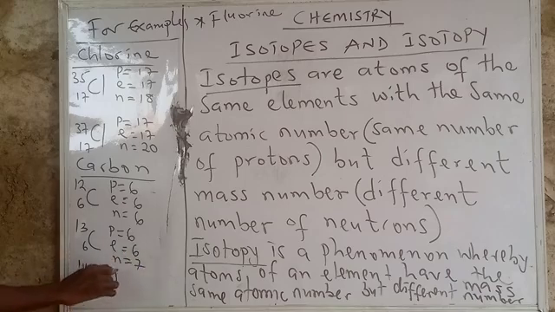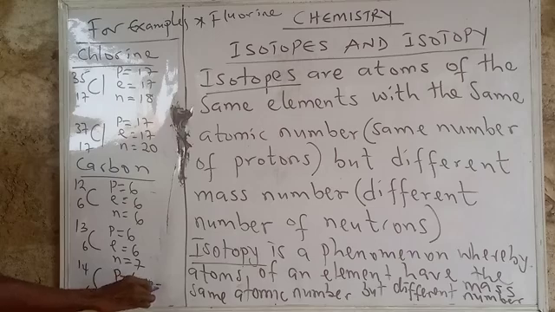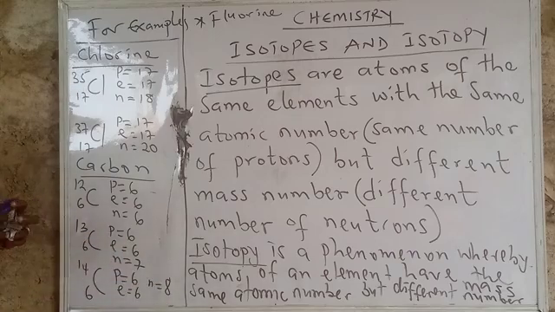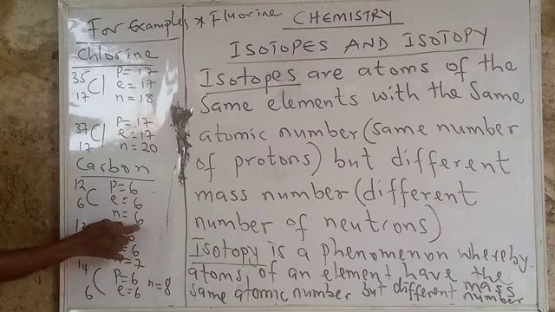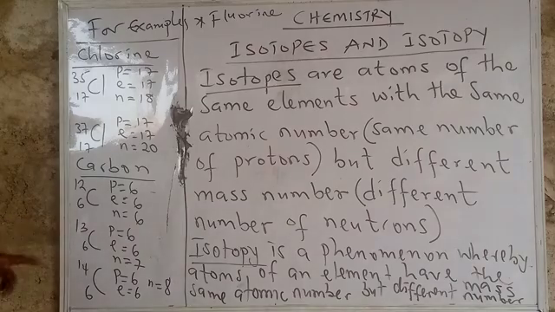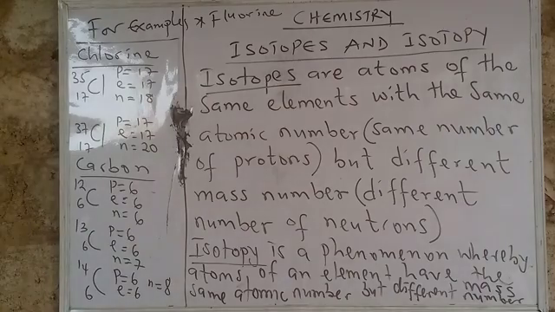Carbon 14 has 6 protons, 6 electrons, while the number of neutrons is 8. So this is what is regarded as isotopy. You can see the difference in the neutron. So difference in neutron number is what is responsible for isotopy of elements.